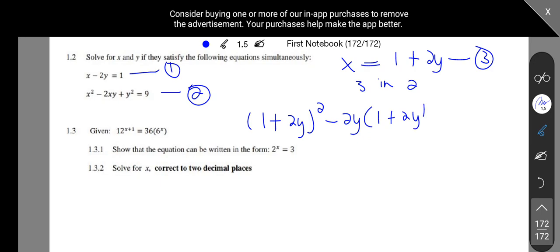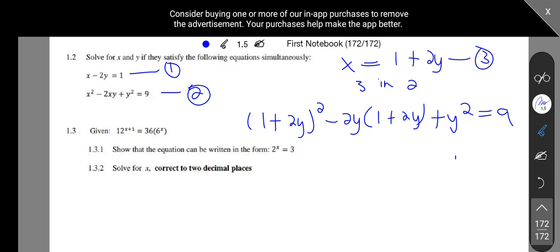I wrote it in this form because we know that ABC is the same as CBA is the same as BAC. However way you can manipulate the variables, they still mean the same thing. So that is plus y squared equal to 9.